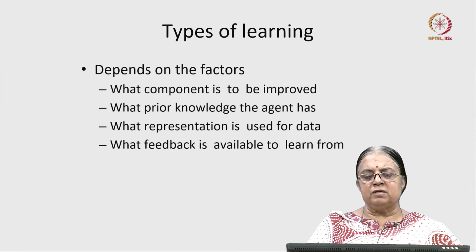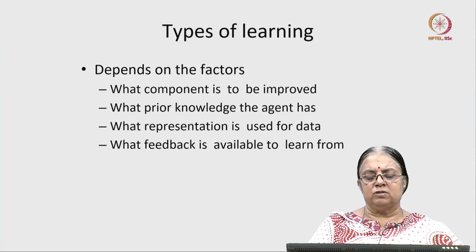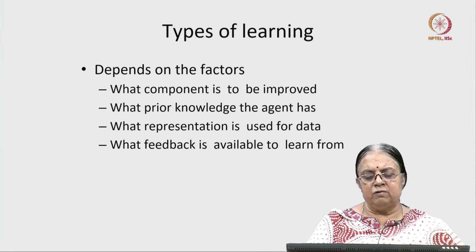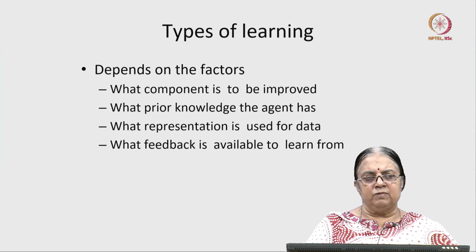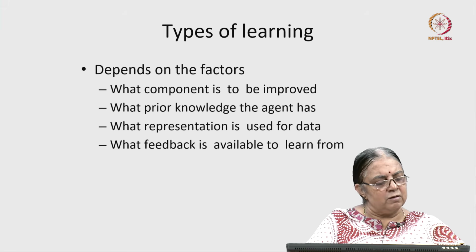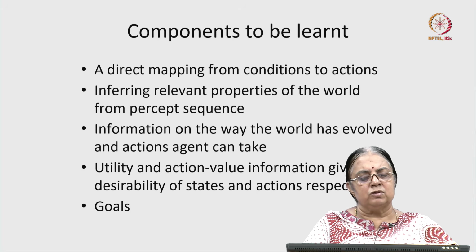Looking at all these things, you have to decide what learning algorithm you are going to use, because each classifier uses a separate type of representation, and according to the feedback, in what way does the system have to learn. There are different types: you may have feedback or you may not have feedback. If you have feedback, how much feedback do you have? Looking at all this, you can decide what classifier to use.